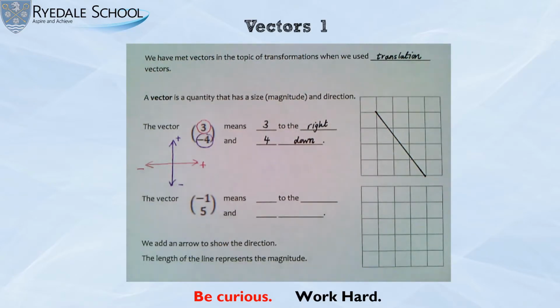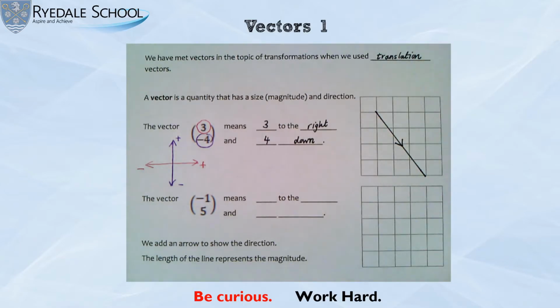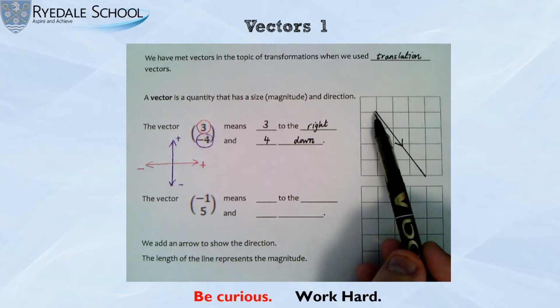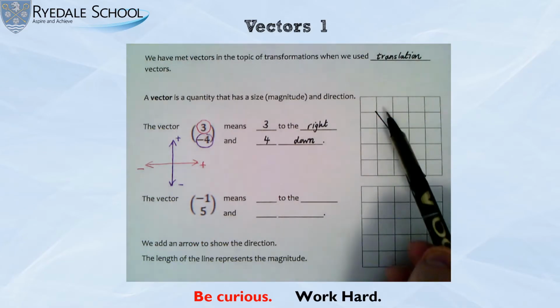I then have to add one more thing to finish it off, and that is an arrow showing the direction. We normally place the arrow in the middle of the line, a little bit like when doing parallel lines. The reason we have to put an arrow in is that if I just put a line by itself, we might not know whether I am going in this direction or in the exact opposite direction.